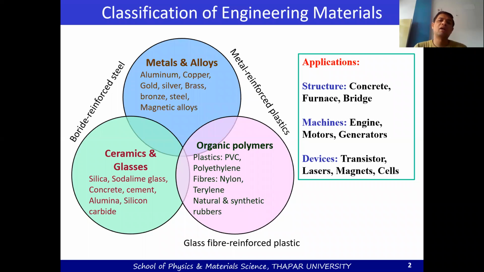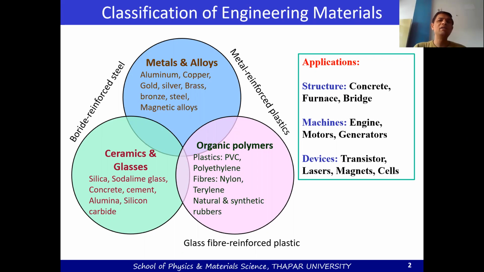So as an engineer, let's say you want to design a material which is easily malleable, but its melting point should also be high. Then you have to create a hybrid material which is made up of one element that belongs to the metal and alloy class and another element that belongs to the ceramics and glass category.